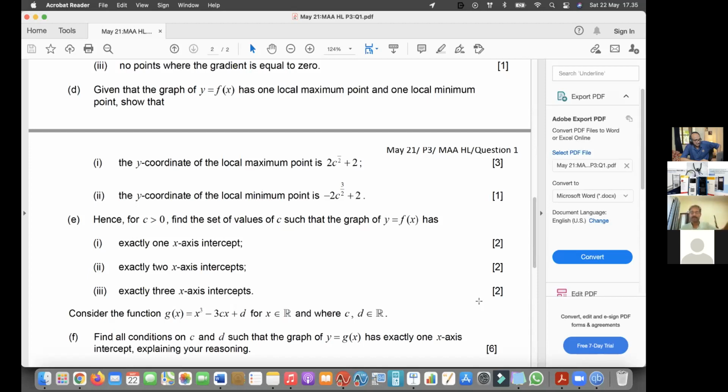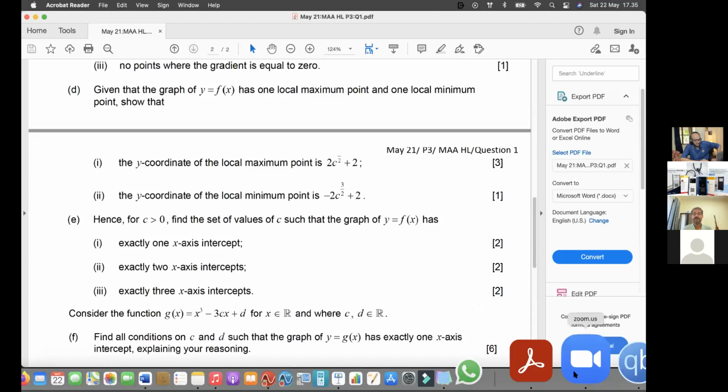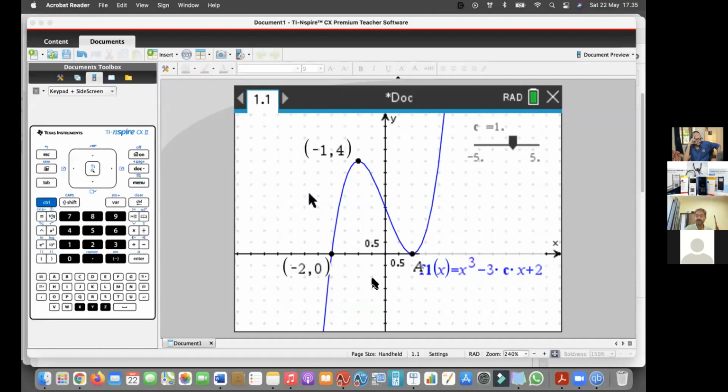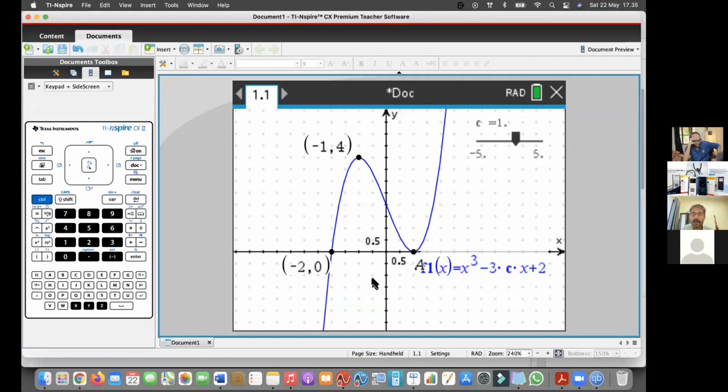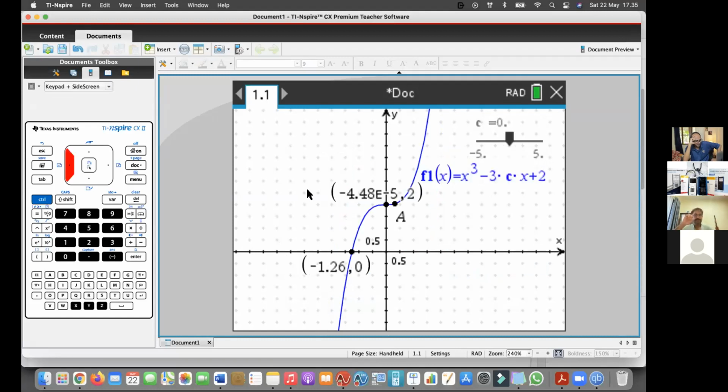The minimum point, this is actually your turning point, isn't it? So when the minimum point is above the x-axis, you have 1 x-intercept, and the minimum point being above the x-axis means the minimum value is positive. Are you with me?